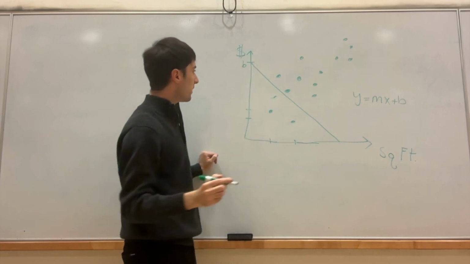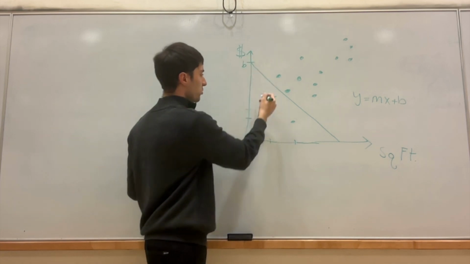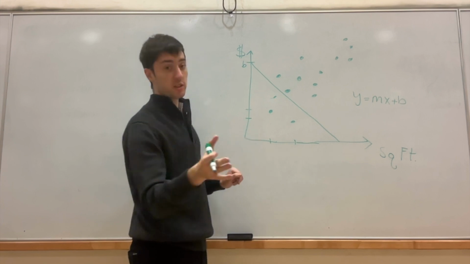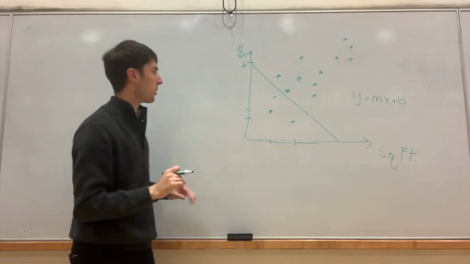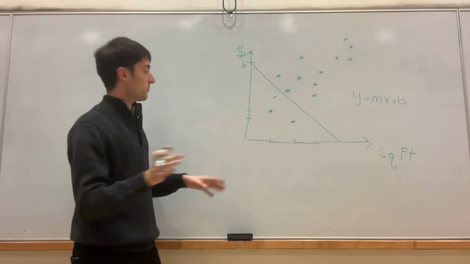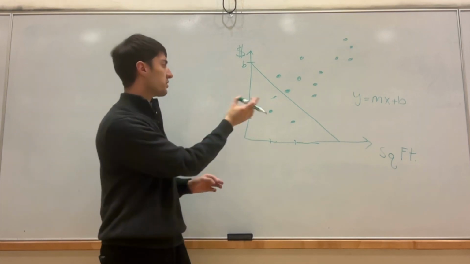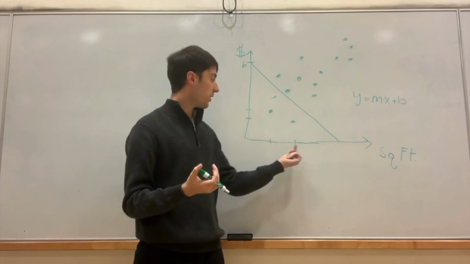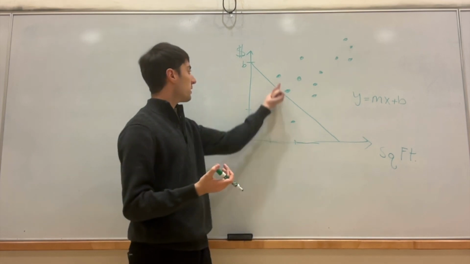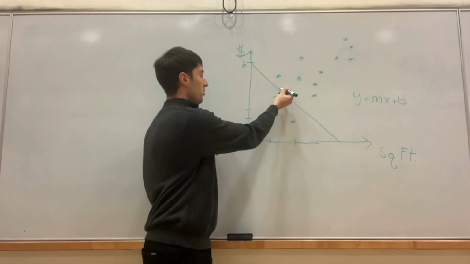And now the slope is going to be m, which in this case will be negative. m is going to be some negative number. So what does this mean? Well, let's look at it. What is this model predicting? For any given input, here is going to be the corresponding output.